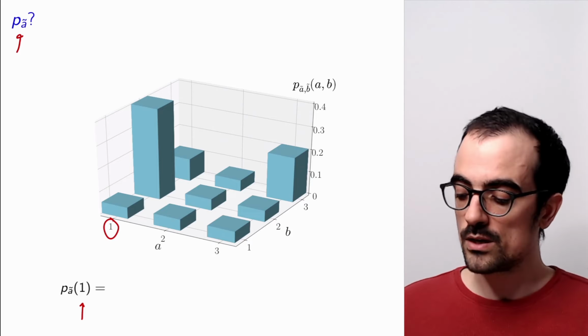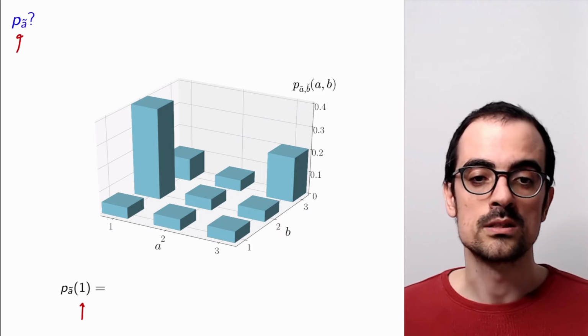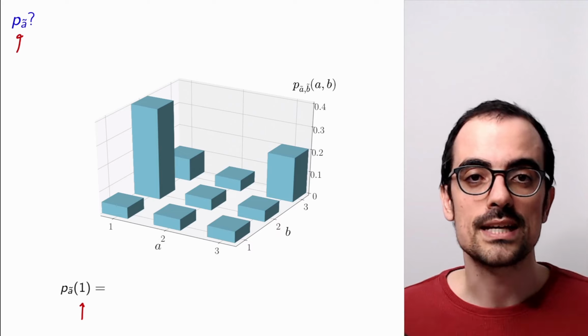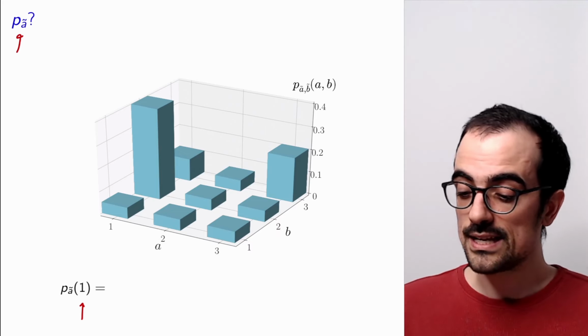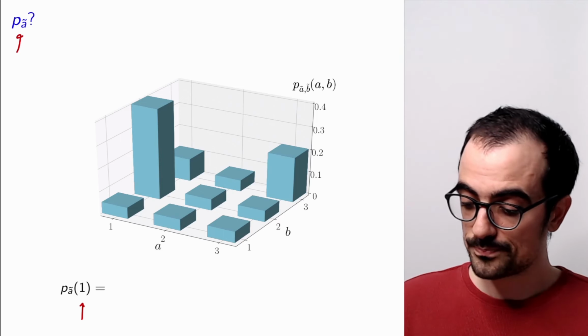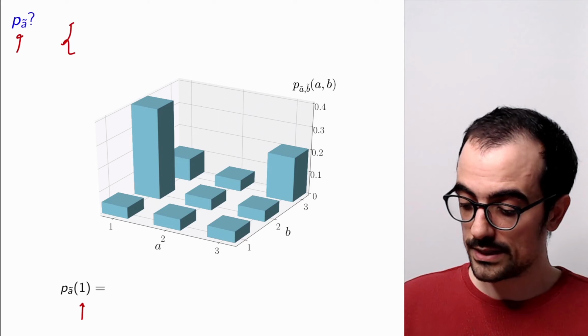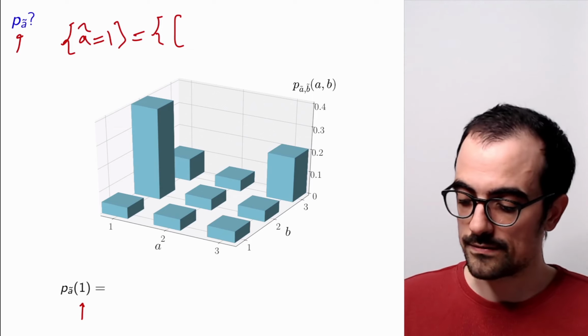So if you remember, we can compute the probability that the two random variables belong to a particular set by summing entries of the joint PMF. In this case, the set that we're interested in is just the event A is equal to 1, which contains these different possible vectors.